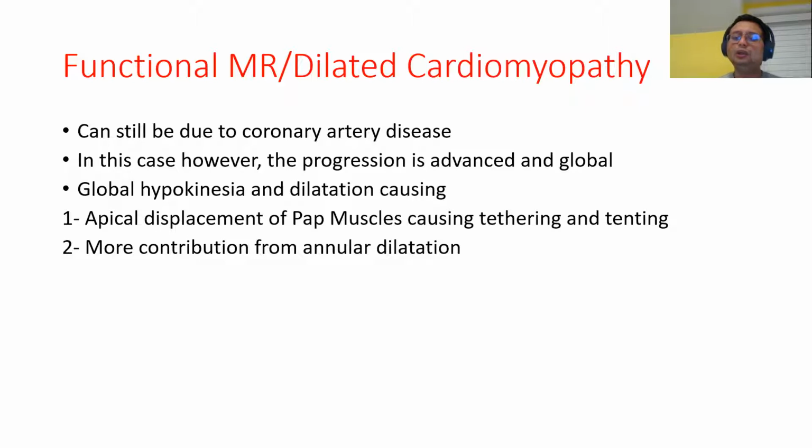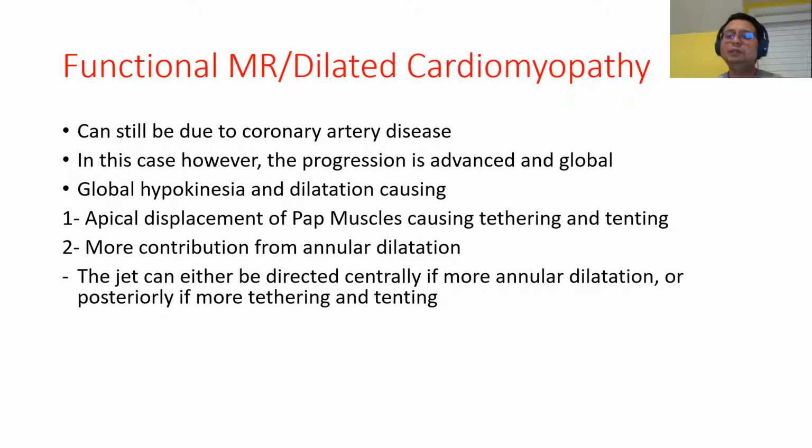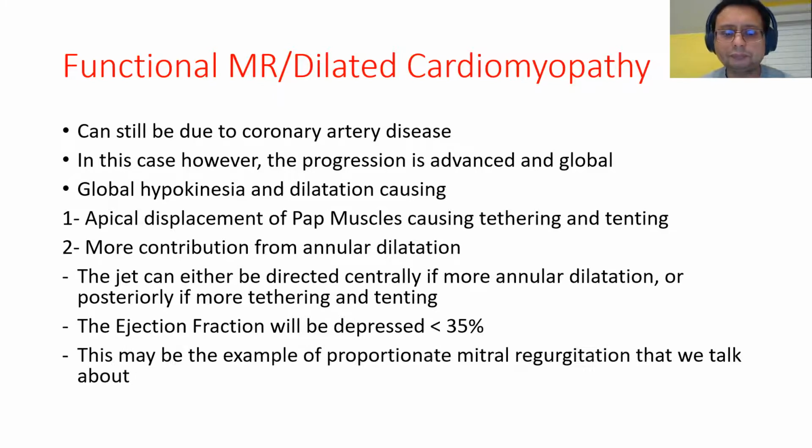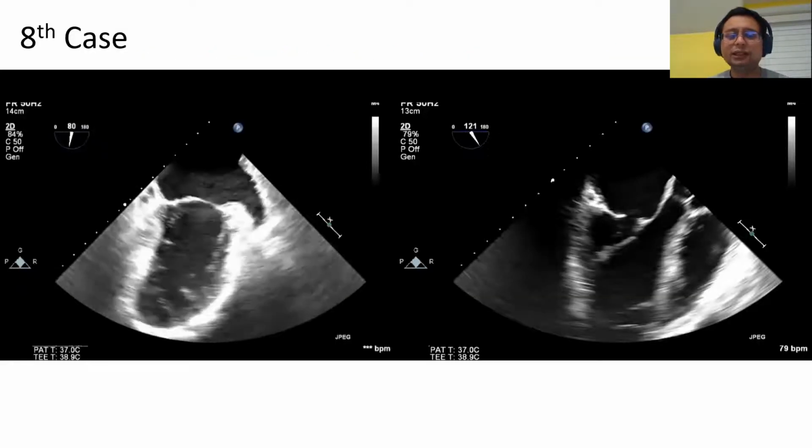However, in this situation, you also have contribution more than ischemic MR in terms of annular dilatation. The jet can either be directed centrally if more annular dilatation, or posteriorly if more tethering and tenting. The ejection fraction will be depressed, less than 35%. And this may be the example of disproportionate mitral regurgitation that we talked about that might not benefit from mitral clip. So this is our 8th case.